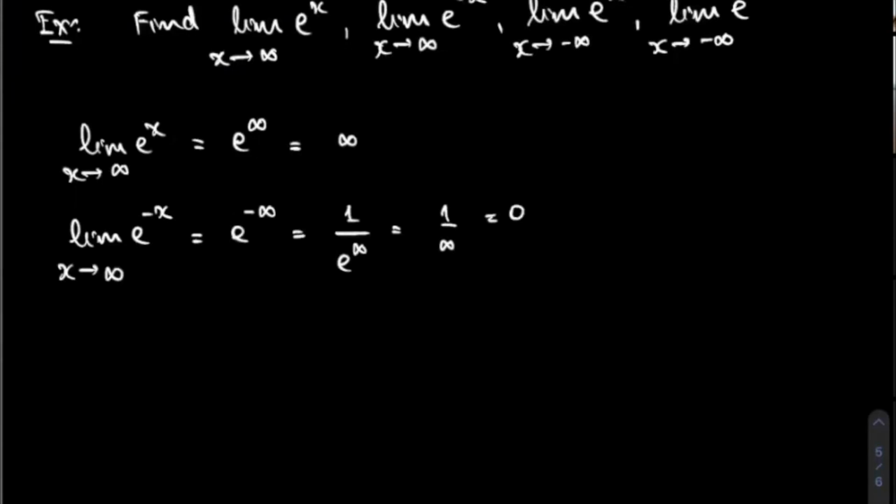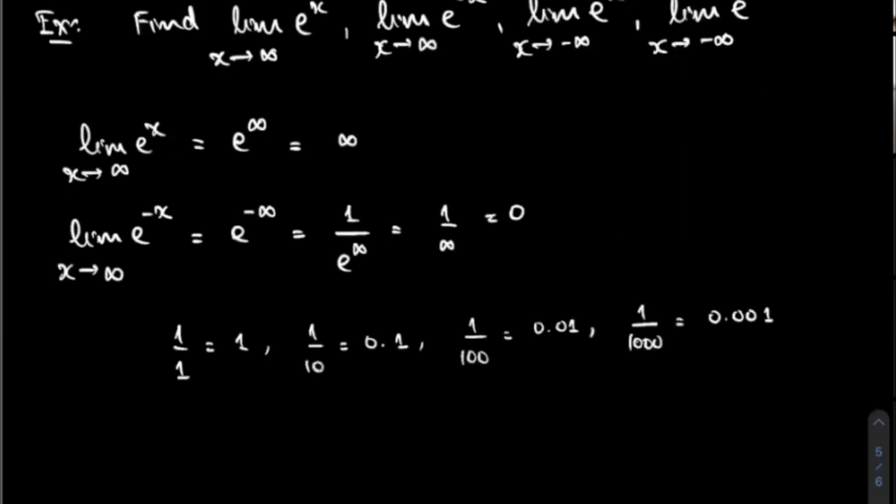If you're not sure about this, you can work out very quickly the idea of 1 over a very big number. So for example, 1 over 1 is 1, 1 over 10 is 0.1, 1 over 100 is 0.01, 1 over 1000 is 0.001, right? So as you're dividing by a very big number, the result gets smaller. That's the idea of 1 over infinity.